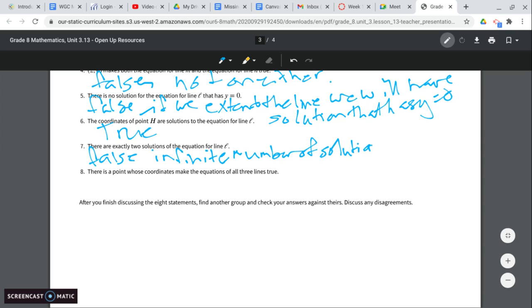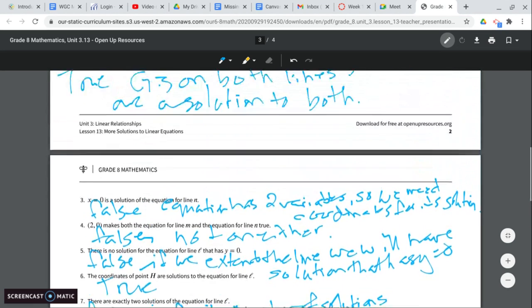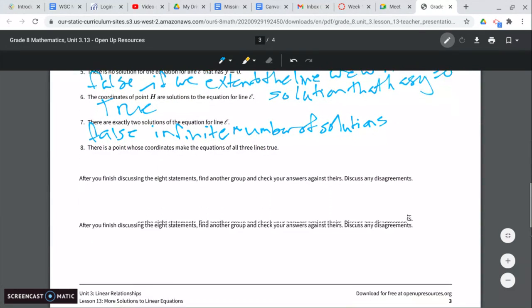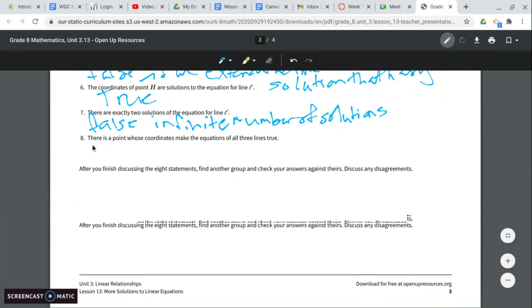Every single point on that line is a solution. So obviously point H. If we move one fraction away from point H, it's still on there. A little bit further. Every single spot on this line is a solution. So there's infinitely many.